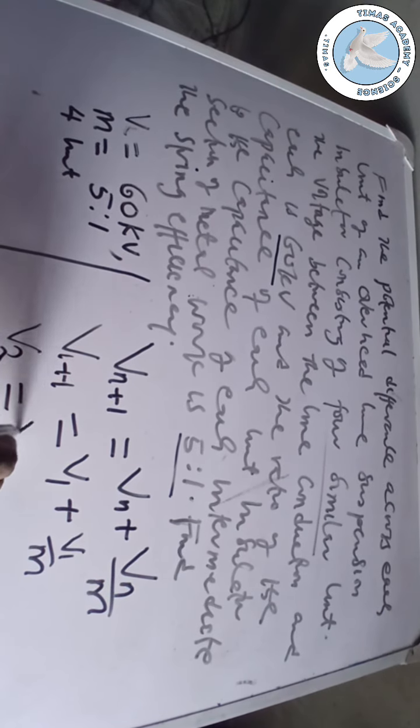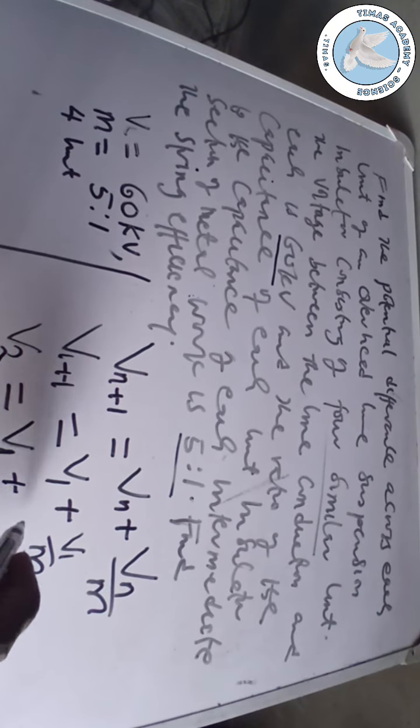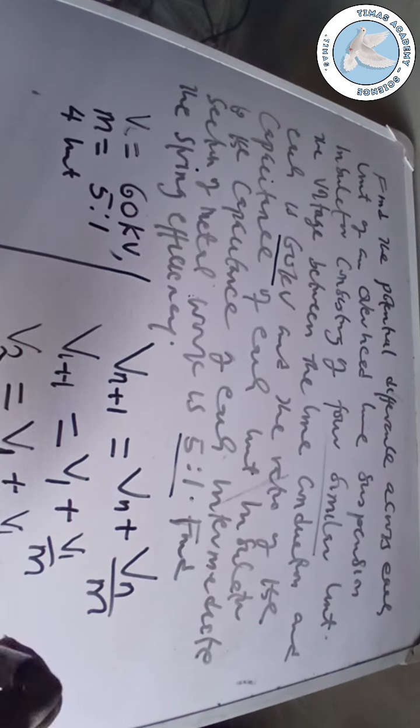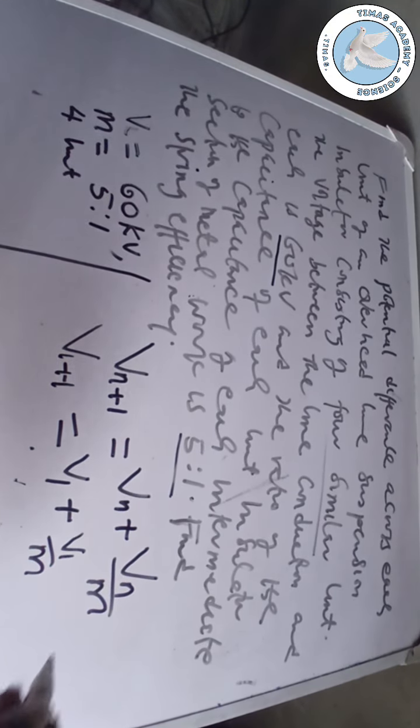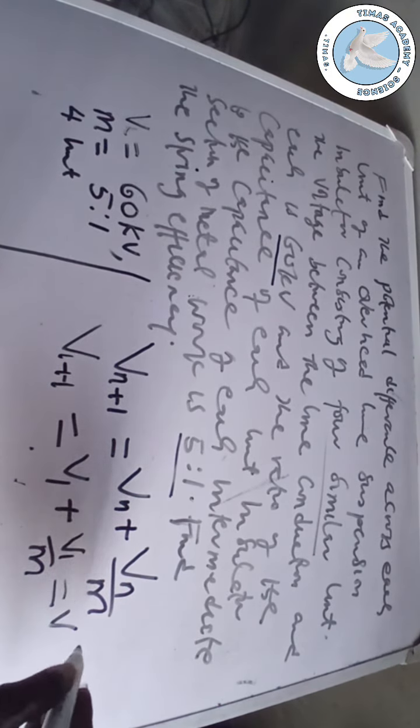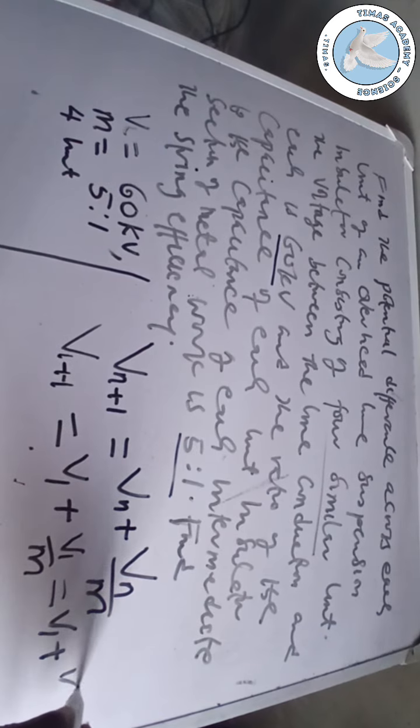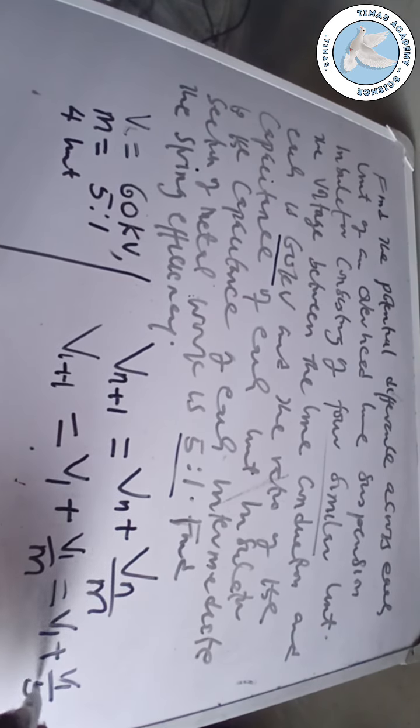Then, V1 plus V1 divided by 5, because the ratio was 5:1.